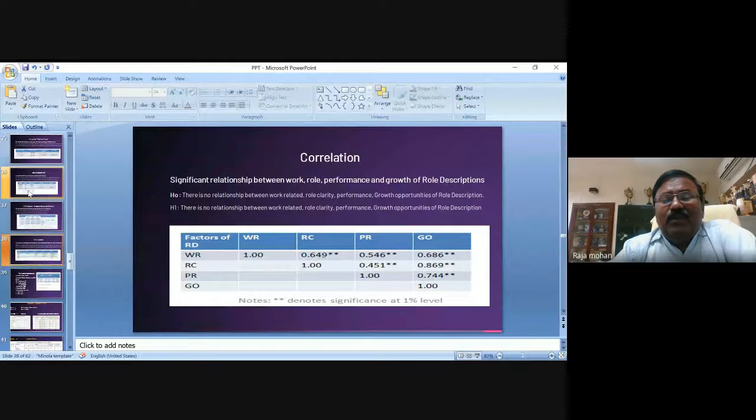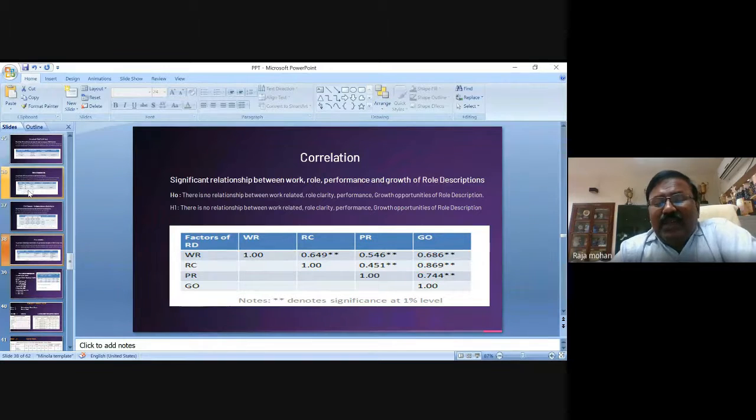See here: W, role, performance, growth. Work is WR, role clarity is RC, performance is PR, and growth is GO.